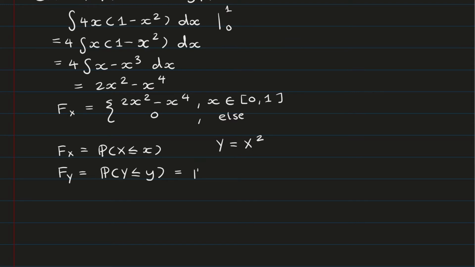Now we have the probability that X squared is less than or equal to little y. What this means is that we can now convert this to the cumulative distribution function of X, and we do this by first square rooting both sides inside the probability measure, which gives X less than or equal to the square root of little y.